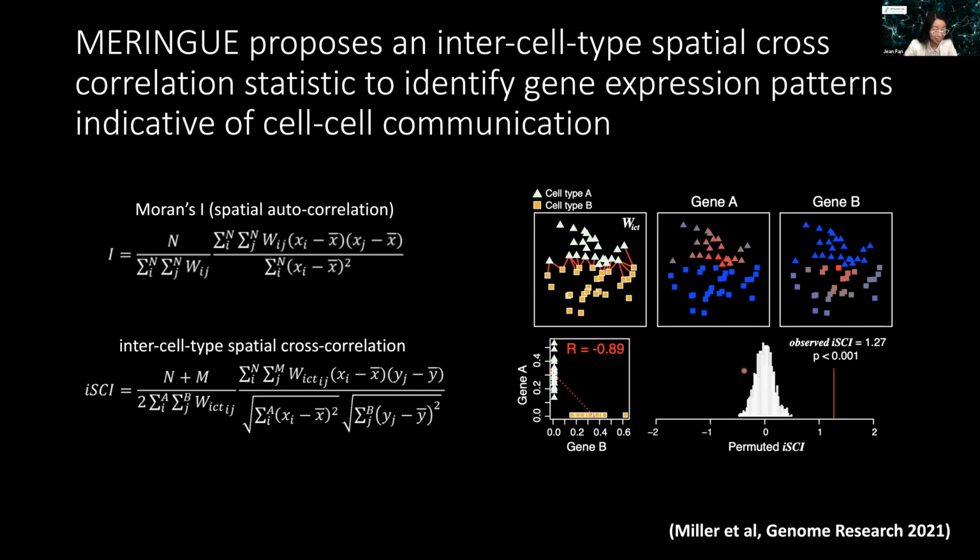And in this particular case, this very significant positive intercell type spatial cross-correlation could be indicative of potential cell-cell communication between cell type A and cell type B via this particular receptor ligand interaction.